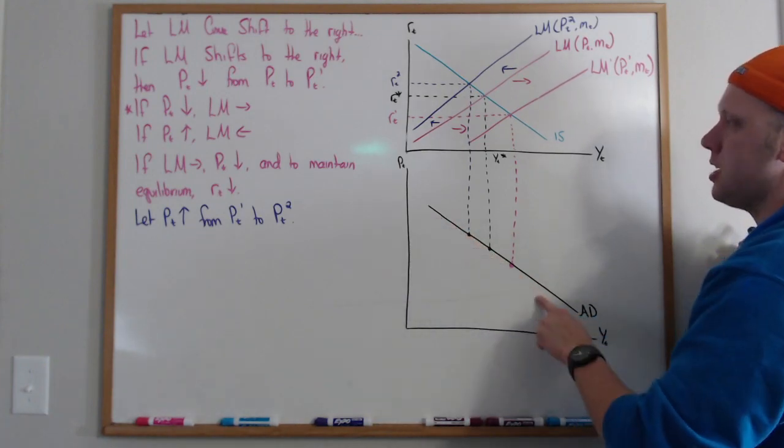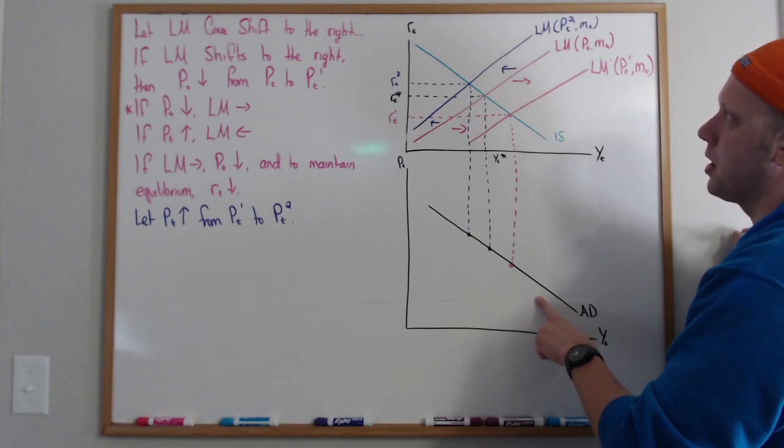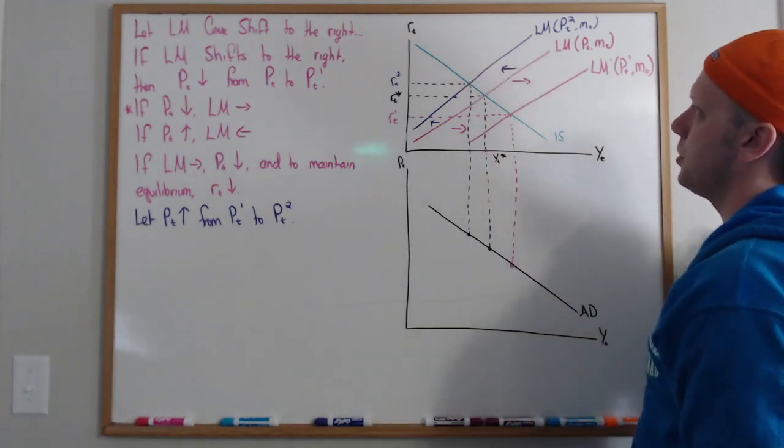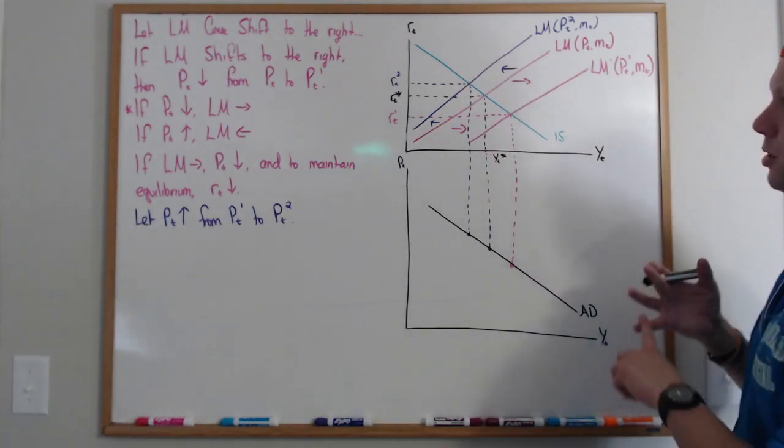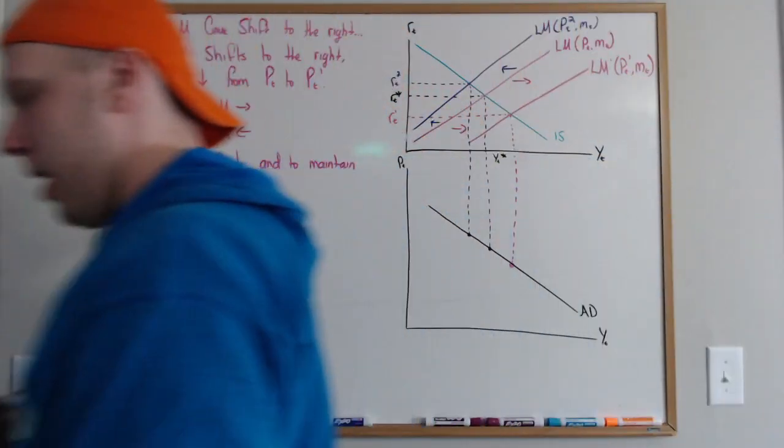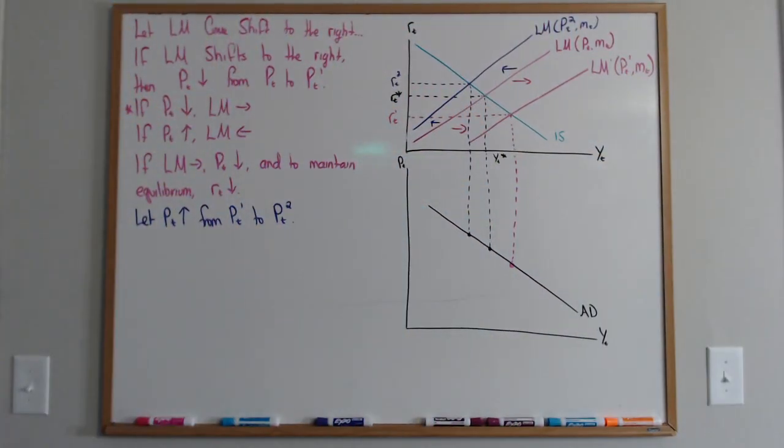So that explains how aggregate demand is downward sloping if we've got this equilibrium in both goods markets and money markets. When goods markets are clearing and money markets are clearing, we're in what's known as a general equilibrium. All that fancy general equilibrium modeling stuff that we went over was dynamic, this is static. But we can use these static models to understand what the dynamic models are trying to tell us.